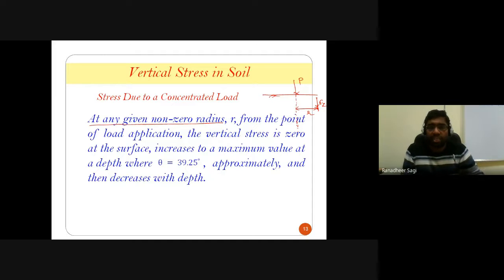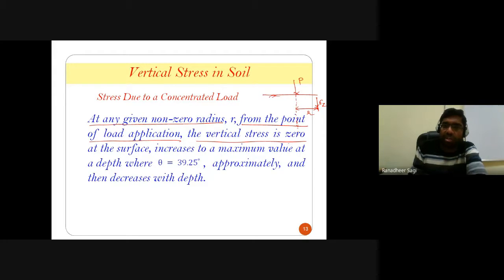Immediately below the point of application of the load, we said the stress is going to be infinite. But on the adjacent soil grain, let's say this is particle A and this is soil particle B, the stress on particle A is maximum, while at particle B it is almost zero.